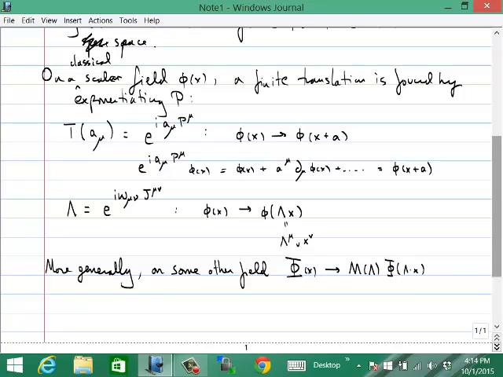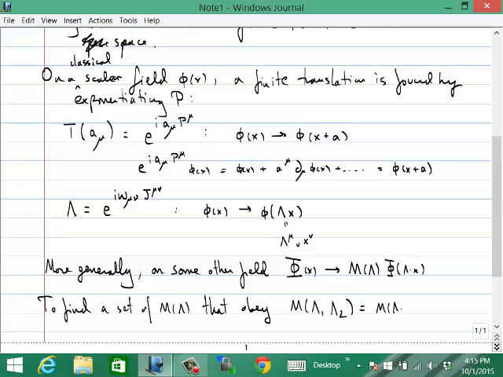Okay. So to find a set of these M's that obey the group multiplication law, so M of lambda 1 times lambda 2 is M of lambda 1 times M of lambda 2.